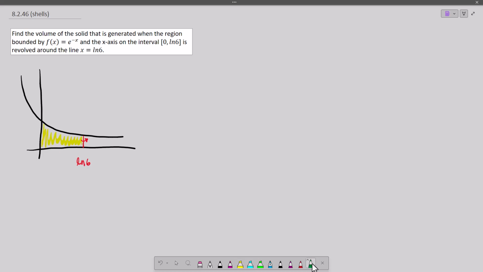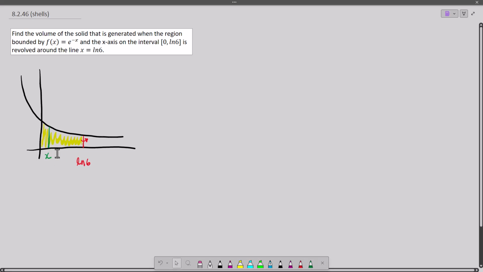We are going to use integration with the shell method. So I'm going to draw a vertical element. That vertical integration element is at a random x, and it is parallel to the axis of rotation.